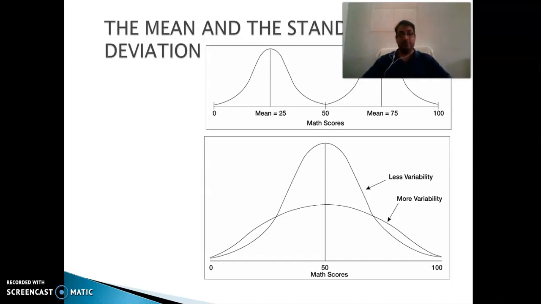In the second diagram, the mean math score is 50, but the peaked one has less variability and the flat one has more variability. So the distributions of scores can be equal in their mean but very different in their variability. Regardless of the value of the mean or the standard deviation, if a distribution is normal, you know exactly what percentage of cases in the distribution you can expect to fall where.